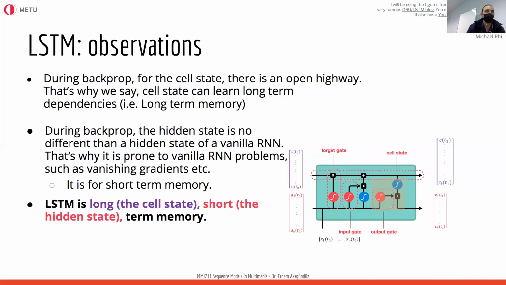So during the backprop, the hidden state is not different than a hidden state of a vanilla RNN. Why? Because the cell state has this gradient, at least the possibility of the gradient. However, look at the hidden state. It's going to go like this, go like this. It's passing through so many gates, and those gates could be dead.